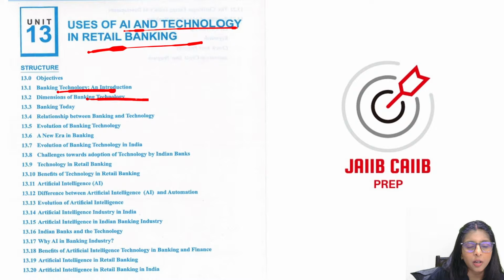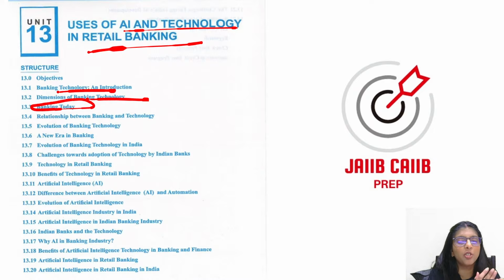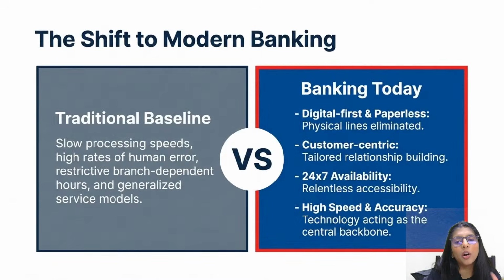Banking technology, dimensions of banking today. There is a shift from the traditional banking system. What is banking today? Earlier, the banking system was traditionally through branches. But now banking is through internet and mobile banking, and it is customer centric, available 24 hours, digital first, paperless, with higher speed and accuracy.